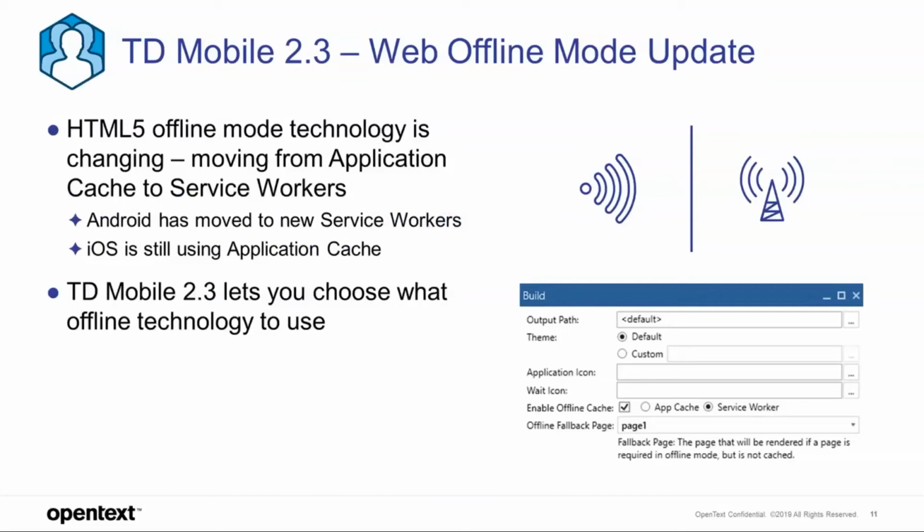That means that in the build options of TD Mobile, you can choose what kind of offline cache you want to use for that deployment, application cache or service worker. And that is important just for web applications, because if you're creating native applications, then you're handling the offline mode yourself very differently.